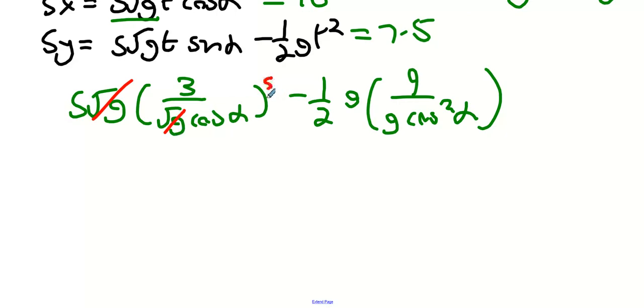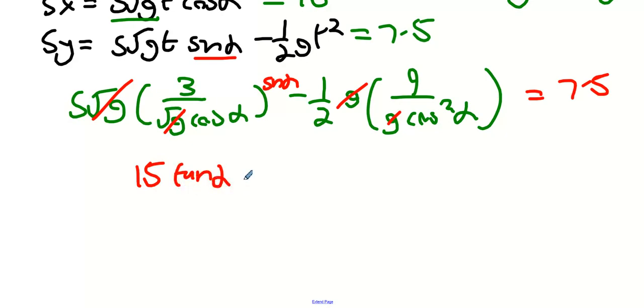Oh, I also forgot the sine alpha. It's still there. What else cancels? g and g, yeah. Now, here's what I'm thinking. 15 over, what's sine alpha over cos alpha? 15 tan alpha minus, we just call half of 9 4.5.